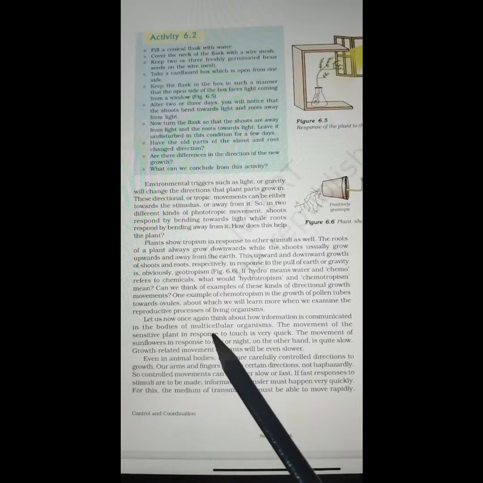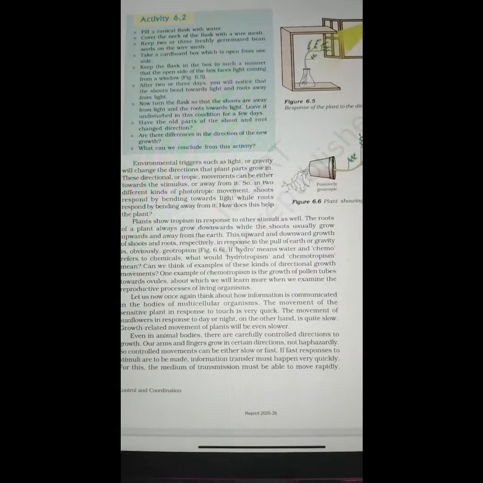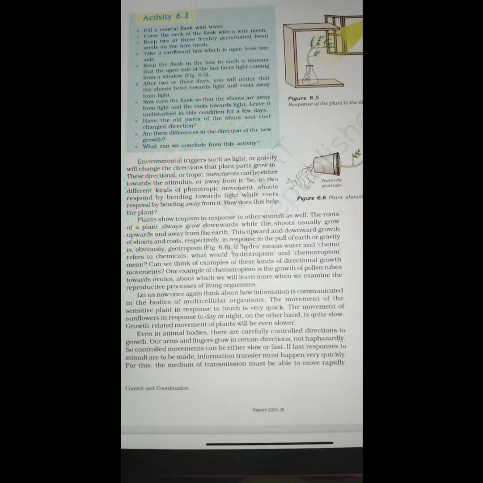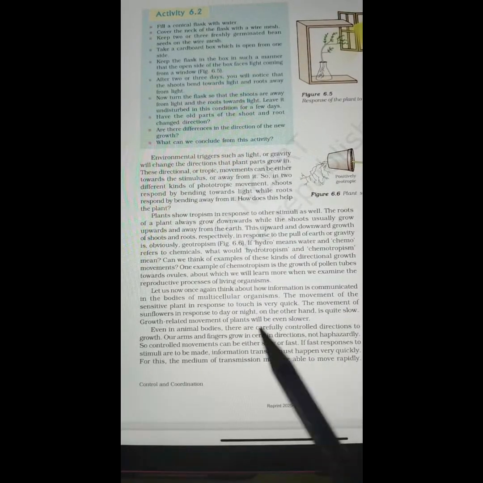Let us now once again think about how information is communicated in the bodies of multicellular organisms. The movement of the sensitive plant in response to touch is very quick. The movement of sunflower in response to day or night, on the other hand, is quite slow. Growth related movements of plants will be even slower.